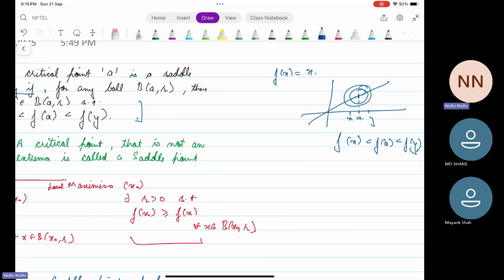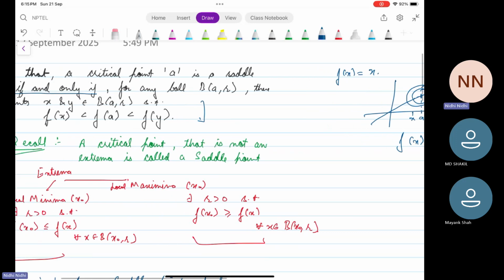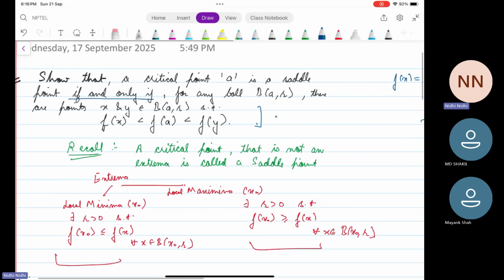That would give us that every point is a saddle point, but I don't think that's correct. So we should take A to be a critical point, then say a critical point is a saddle point if and only if such condition holds. Okay, ma'am.